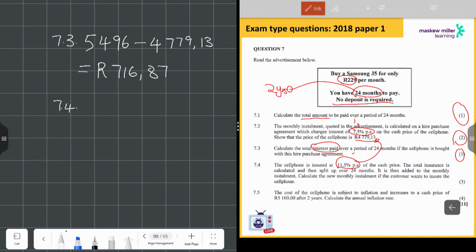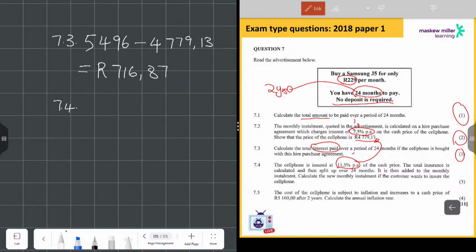So they are actually directing it to the cash price. The insurance is done for that. The total insurance is calculated and then split over 24 months.